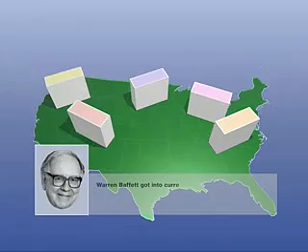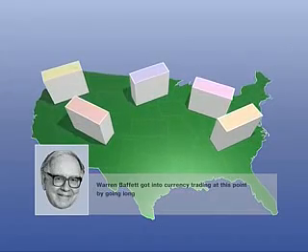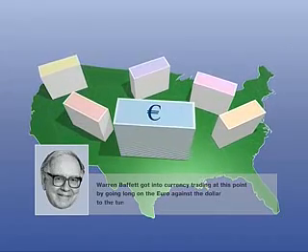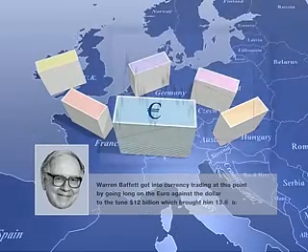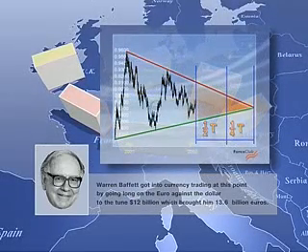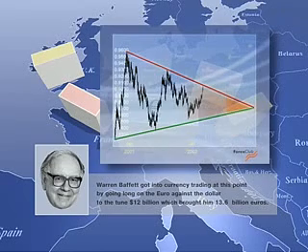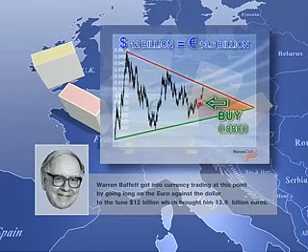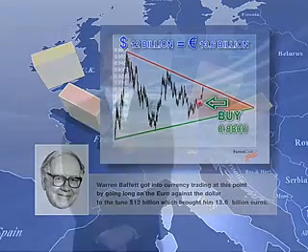Warren Buffett got into currency trading at this point by going long on the euro against the dollar to the tune of $12 billion, which bought him 13.6 billion euros, a trade that he did not make public until some 2 years later in 2004. Traders without access to billions needed to profit from the price channel.